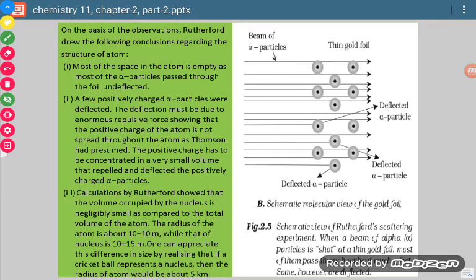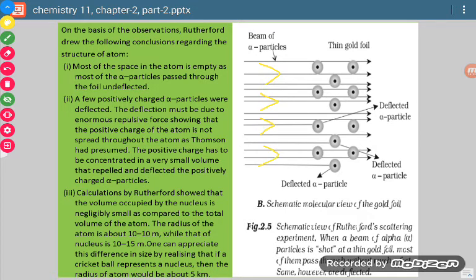Now see, these particles represent the particles in the gold foil. These are gold particles.